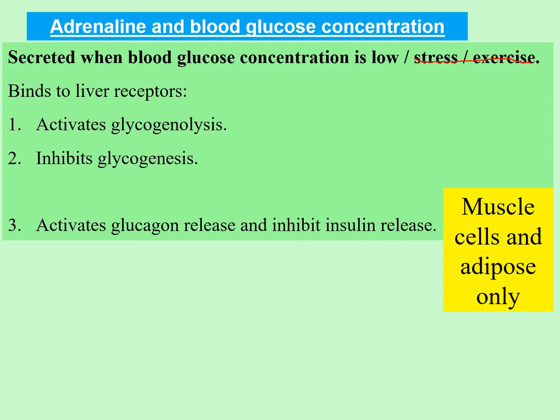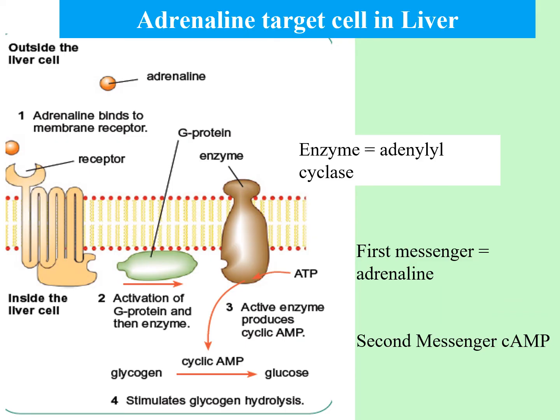It also activates glucagon release from the alpha cells and inhibits insulin release from the beta cells. And this really is happening in muscle cells. It does happen in the liver as well. So that's important to know.